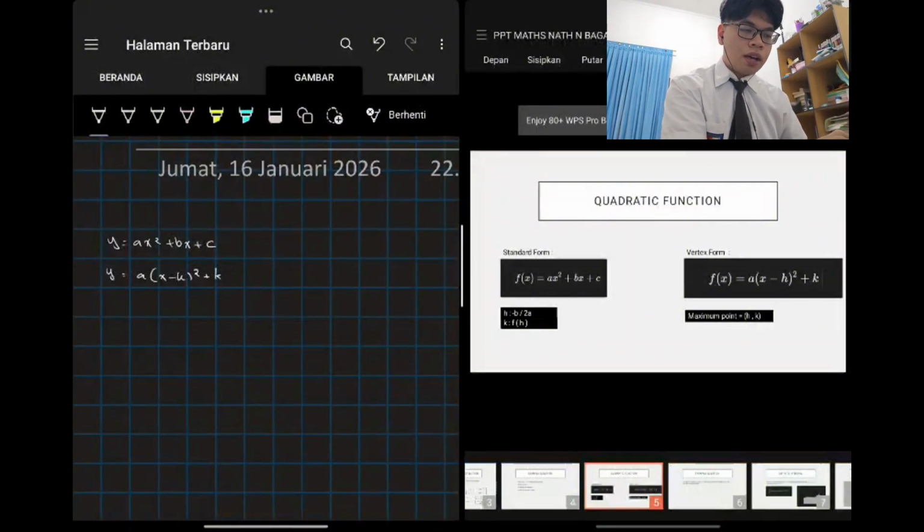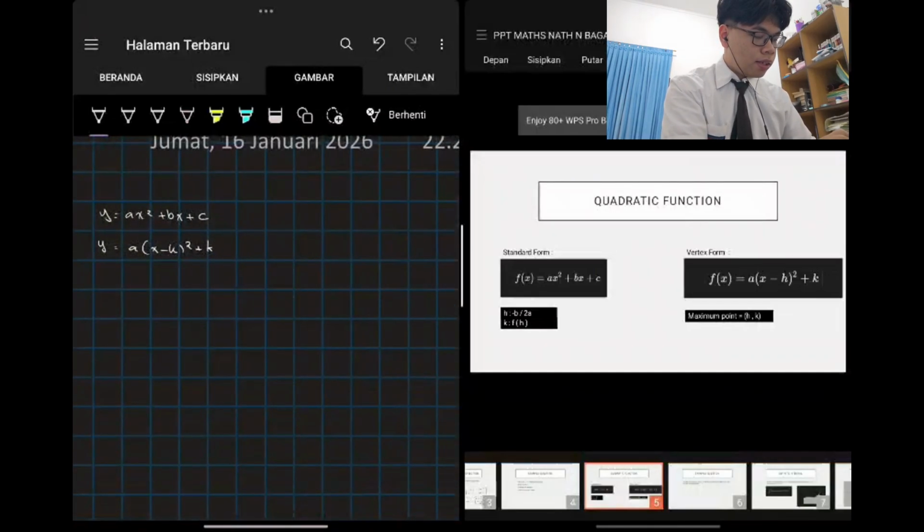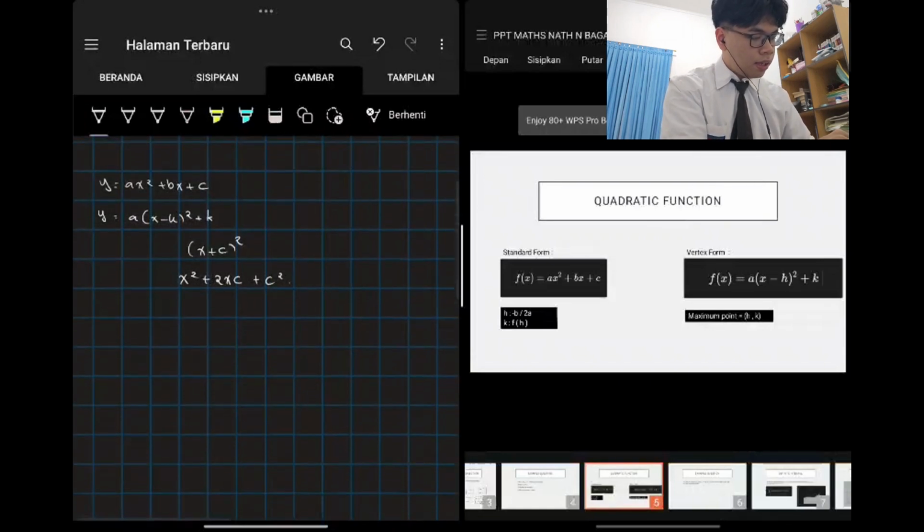These two forms are equivalent to each other because when we square x plus c, where c is a constant, we get x squared plus 2xc plus c squared. So we got the second order, the x squared, the first order, the x times 2c, and also the zeroth order, which is c squared.